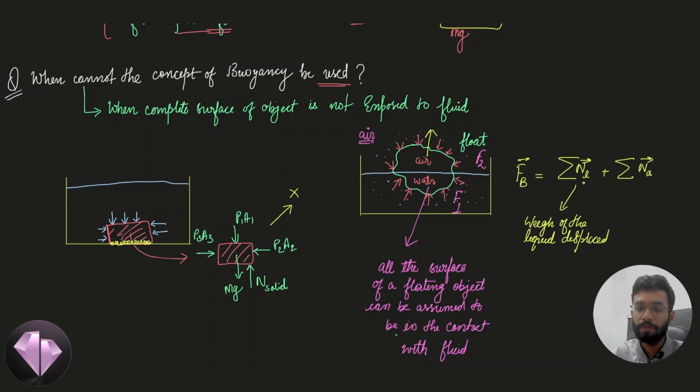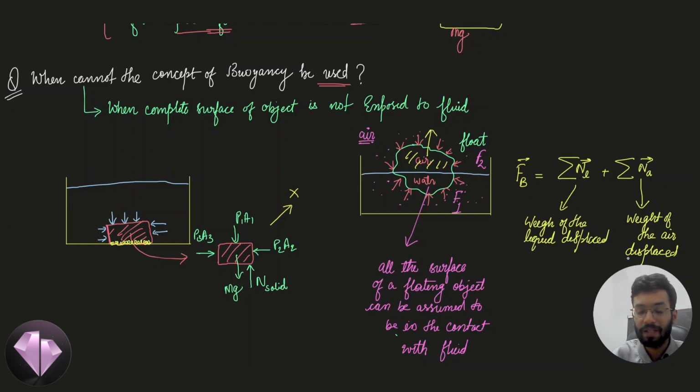So the sum of all these normal forces is equal to the weight of the liquid displaced. The sum of these normal forces would also be equal to the weight of the air displaced, because that is also a fluid. So this weight of the air, when we take the weight of all of this, is equal to the vector sum of all these normal forces by the air.